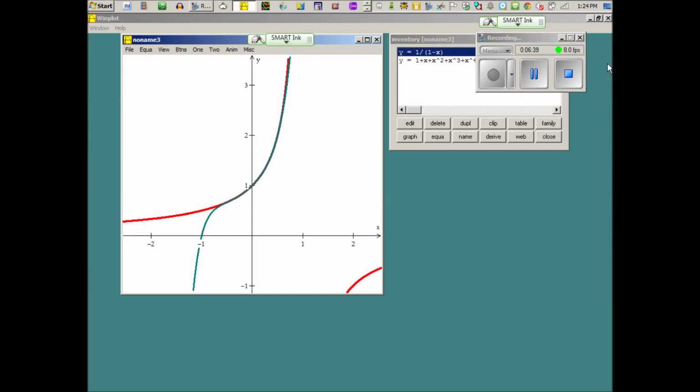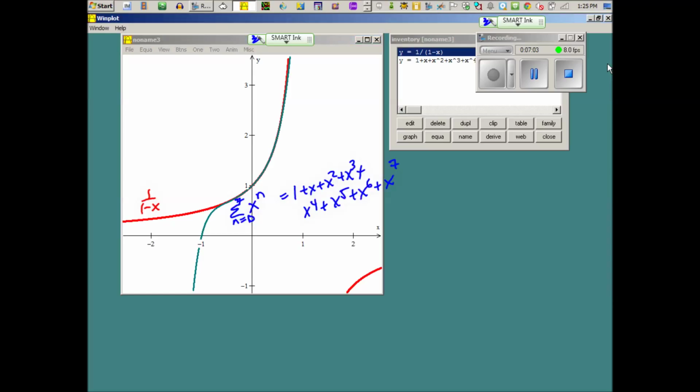The red here is 1 over 1 minus x, and the blue is not everything, but it's from 0 to 7 at least, x to the n. It's basically 1 plus x squared plus x to the third plus x to the fourth plus x to the fifth plus x to the sixth plus x to the seventh is what you're looking at.